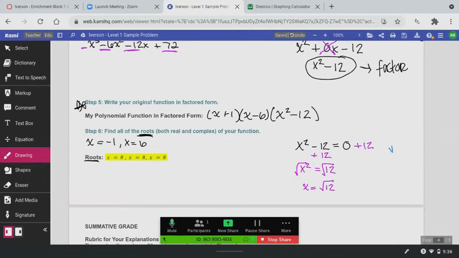So if I take the square root of 12, I want to know what factors multiply to 12. So I might use factors of 3 and 4. 3 is as small as it can go. So I'm done there.